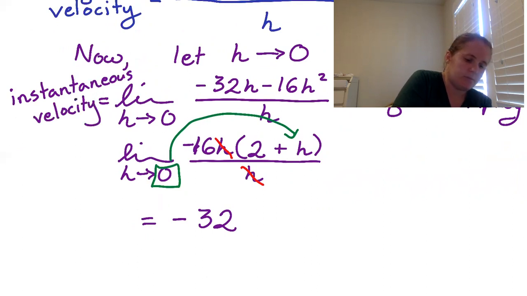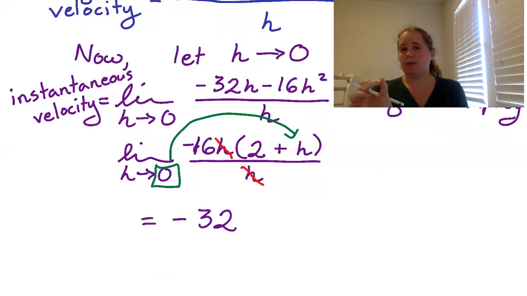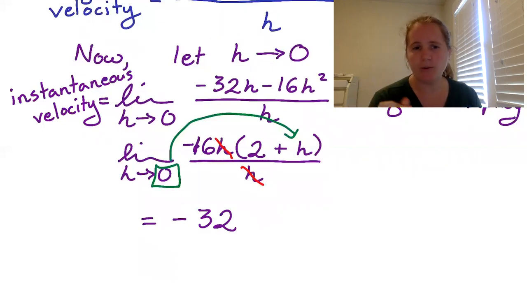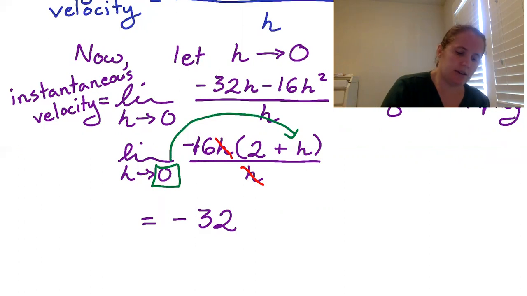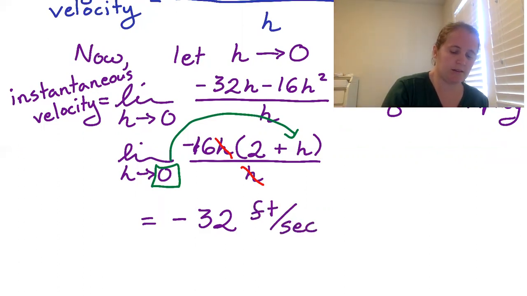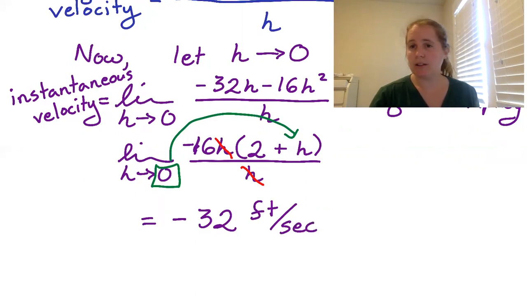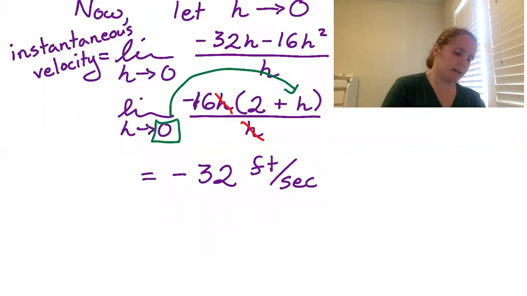If we took times closer and closer to precisely 1 second, ultimately that average speed goes to negative 32 feet per second. So the ball is falling at 32 feet per second, 1 second after release.